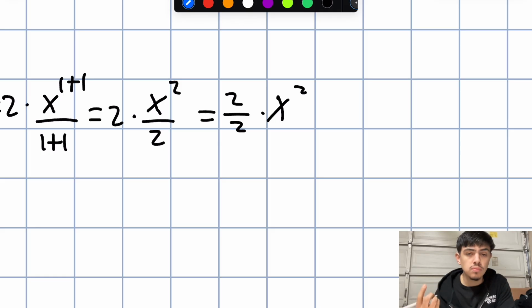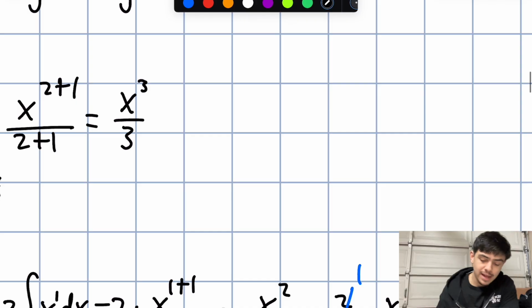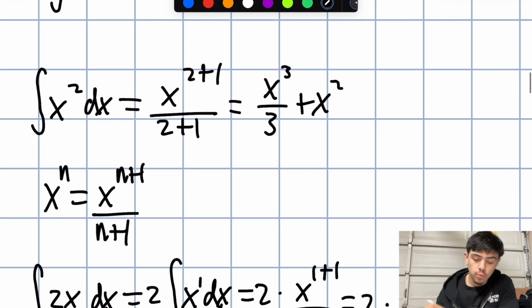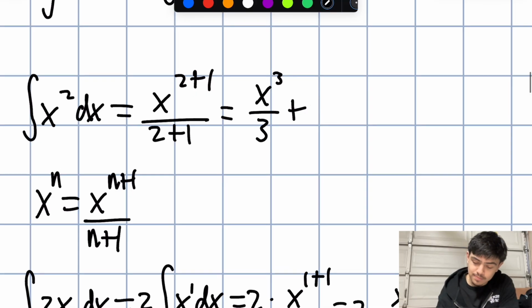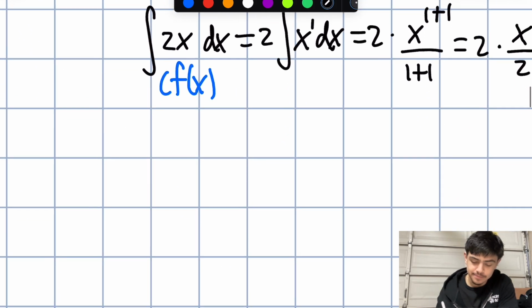Remember, anything over itself is just 1, so this turns into 1, meaning we're just left with x squared. Simple enough, right? Let's add that up here now. X squared. Boom, almost done. Sorry about that. We're adding this up here: x squared.